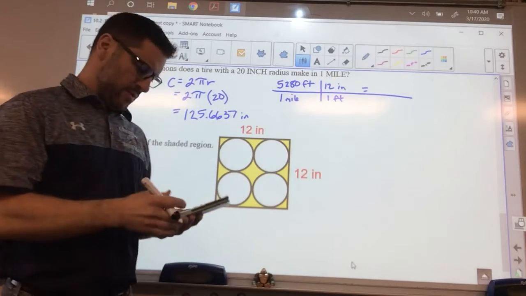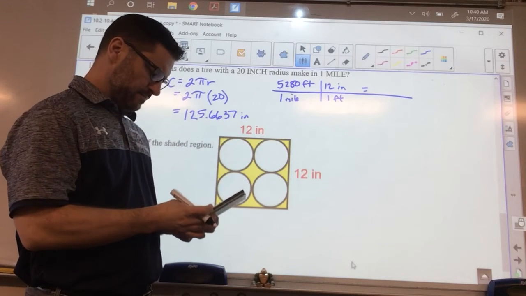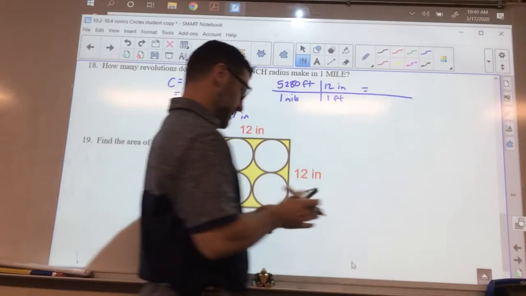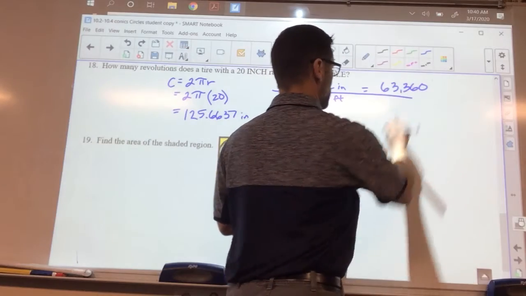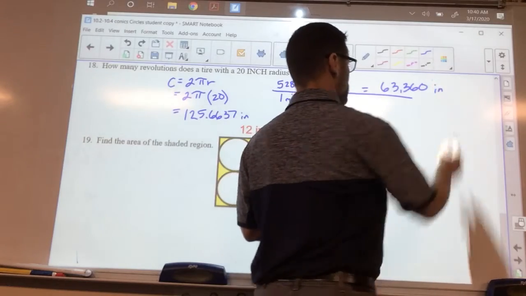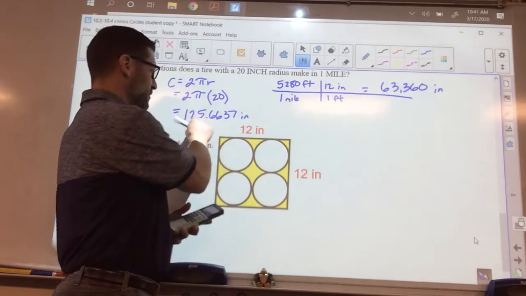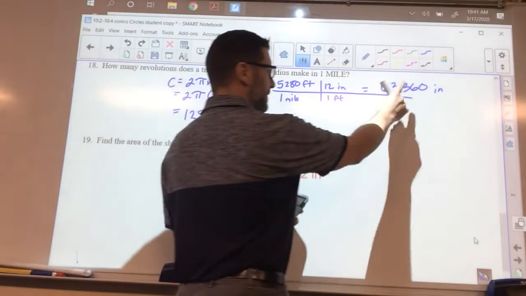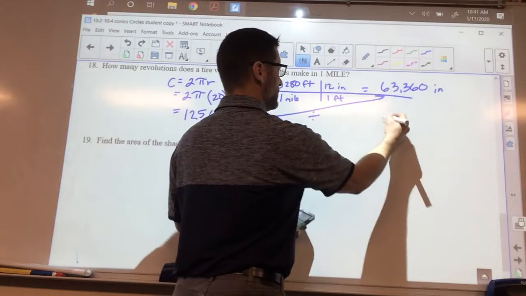So I can multiply those two together. 5,280 times 12. I got 63,360 inches. And if I want to find out how many times this wheel that goes this far will hit the ground when going this far, well, divide those two and write down your answer.